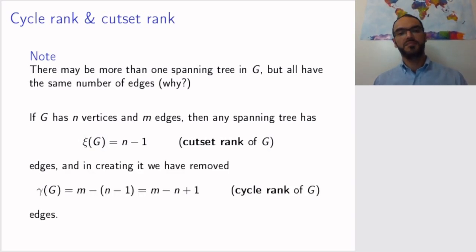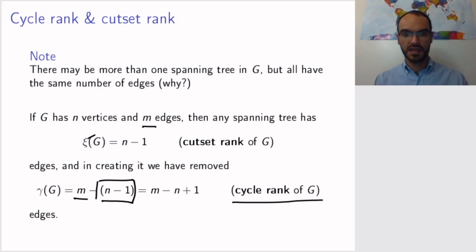And similarly, you define something called the cycle rank of G. This is the number of edges that we removed from G in order to get our spanning tree. So if G had m edges from the beginning, and the spanning tree has n minus 1 edges in the end, then what we removed was this number, m minus n plus 1.